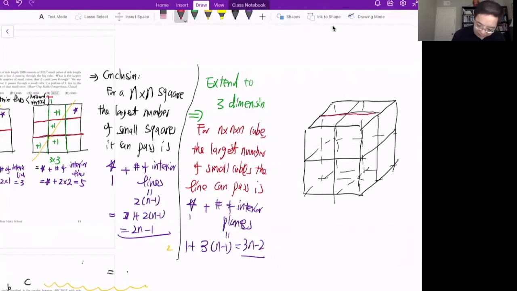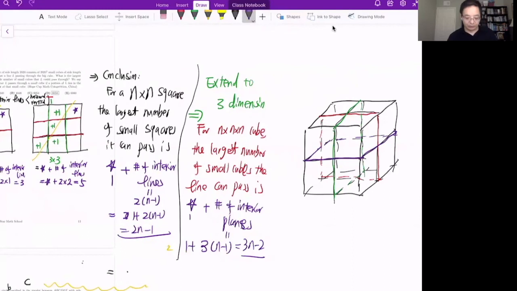This is an interior plane direction, this is also an interior plane, and we have one more interior plane. This one is also an interior plane.